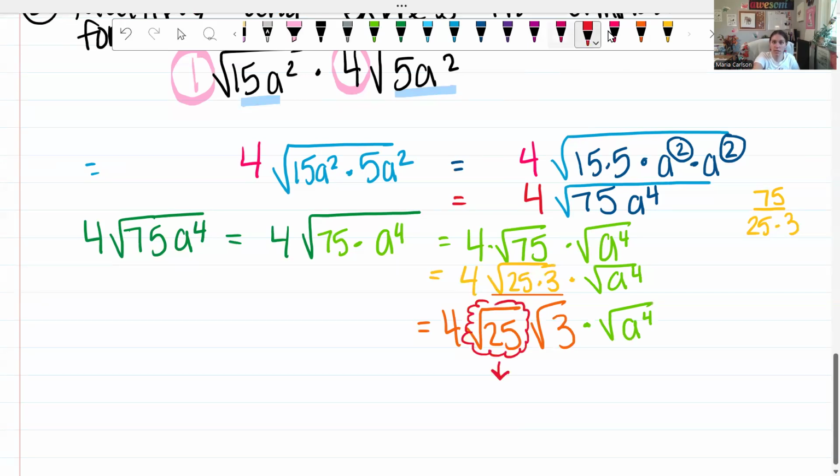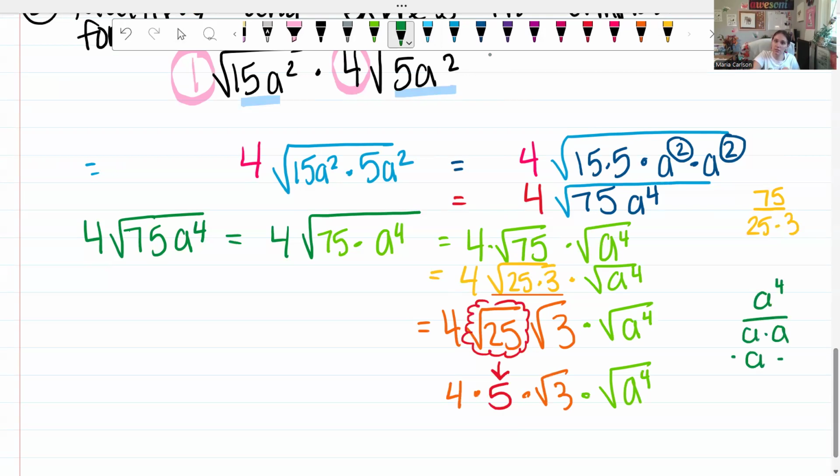So I have 4 times 5 times the square root of 3 times this a to the 4th power. And let's talk about this, or sorry, square root of a to the 4th power. I recognize that exponent of 4, that's an even exponent, right? So if I write out a to the 4th power, it is 4 a's being multiplied, and I could create 2 pairs of a's.